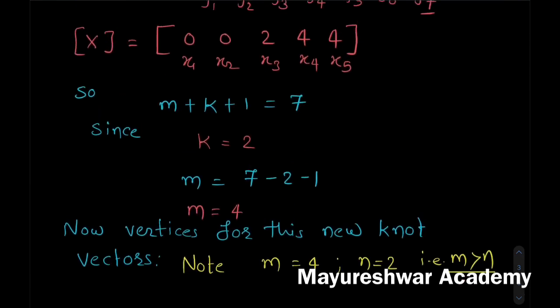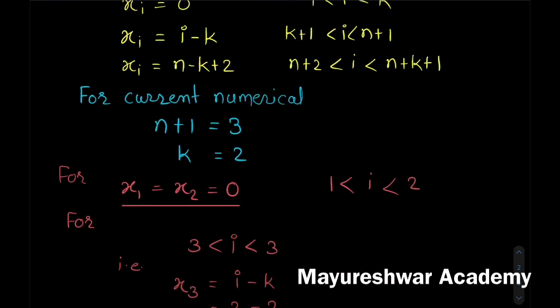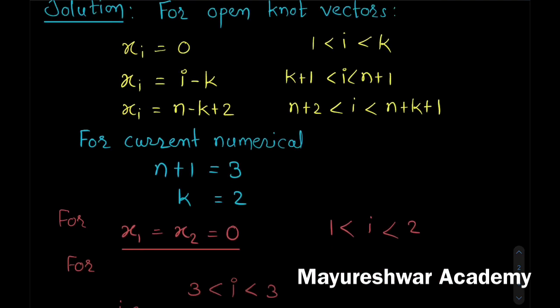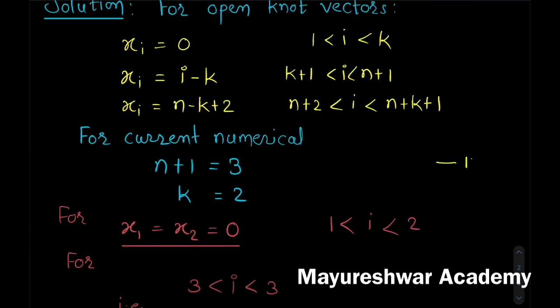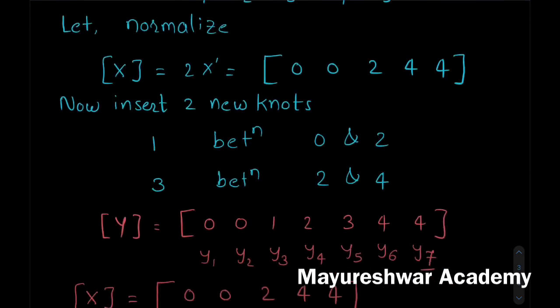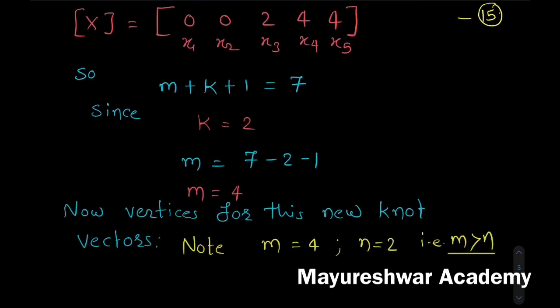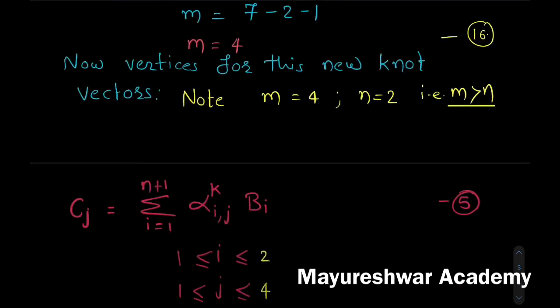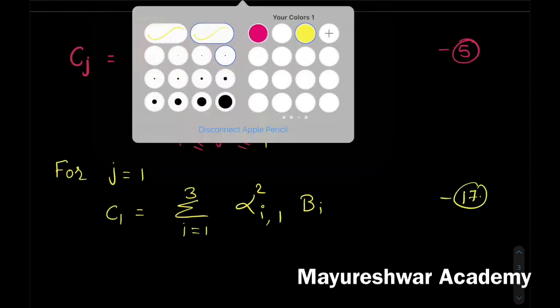So if we expand, so we need to note here that let us call this equation as 12th, 13th, these knot vectors we need them, 14, 15, this value of m 16, okay, and this equation is 17.